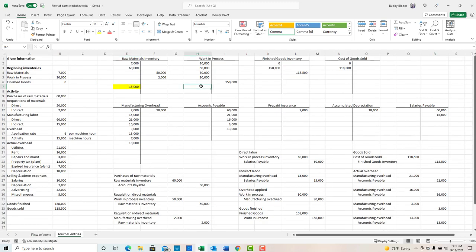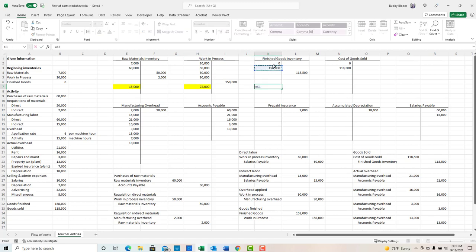So moving on for our work in process, we're going to start off with 30, add 50,000, 60,000, 90,000, and subtract 158,000. So we notice that we now have 72,000 in work in process, which matches the other worksheet.